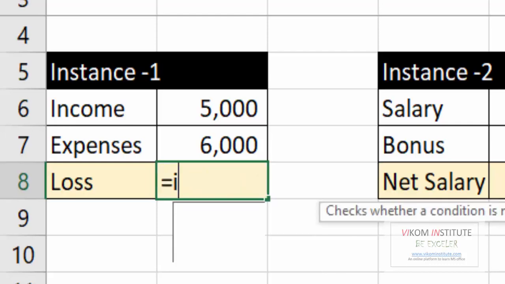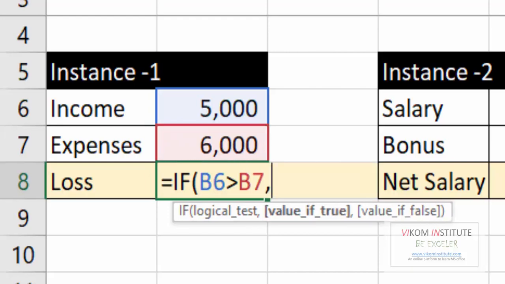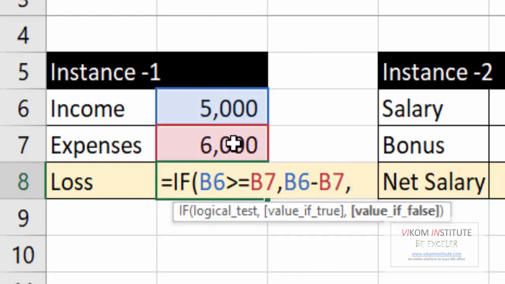If my income is greater than my expense, now you can do the calculation over here also. So if your income is greater than or equal to your expense, then your profit would be this minus this, else your loss would be this minus this.